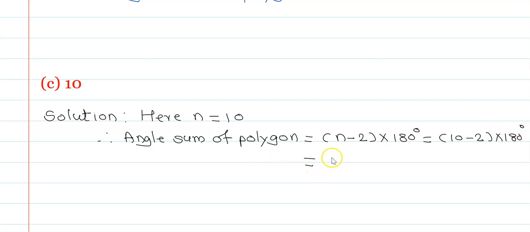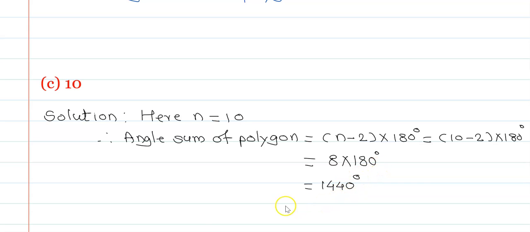Okay, and that's here 10 minus 2 means what? 8. 8 into 180. Okay, and therefore their multiplication is 18 into 8, that is 144, and here one more 0.